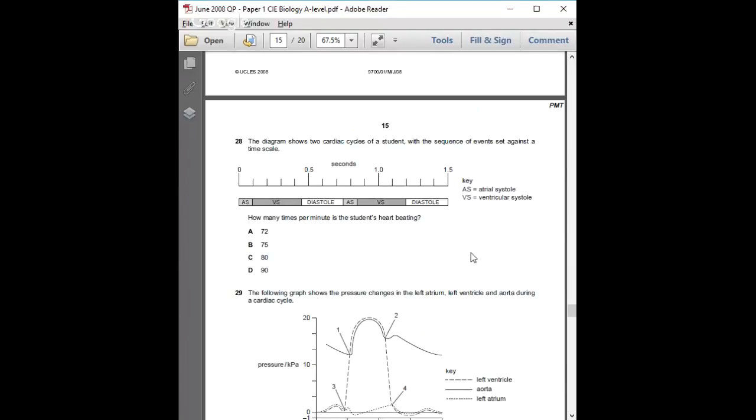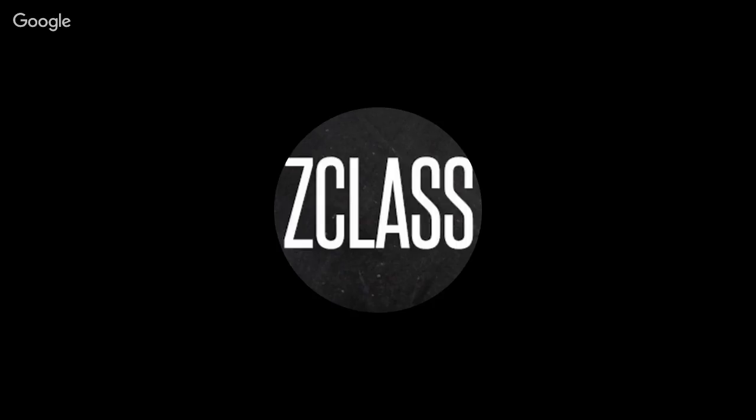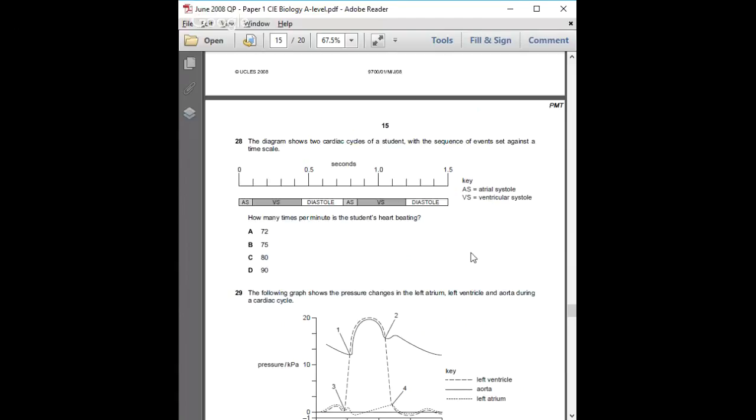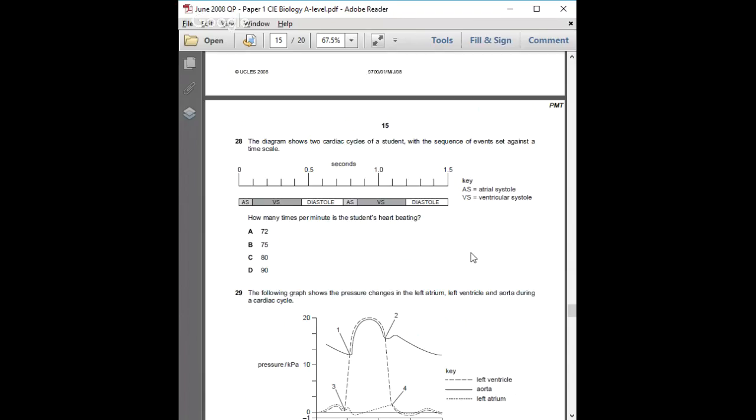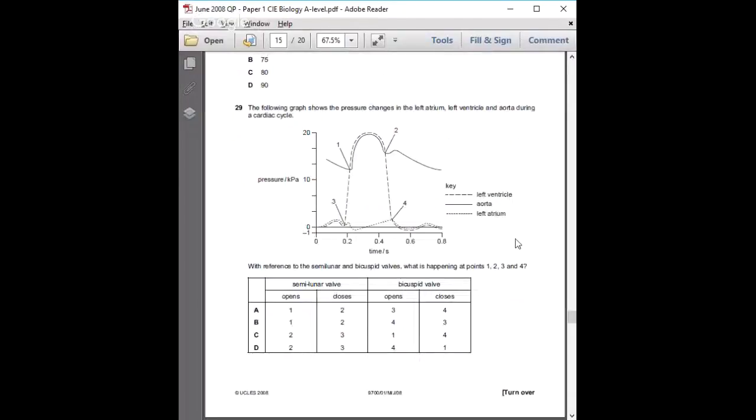Good. And then I would just have to calculate how many it would do in 60 seconds. And what's the calculation? So 60 divided by 0.75, which is 75. It's 80, but don't worry. We'll read off the calculator. Okay. Question 29.